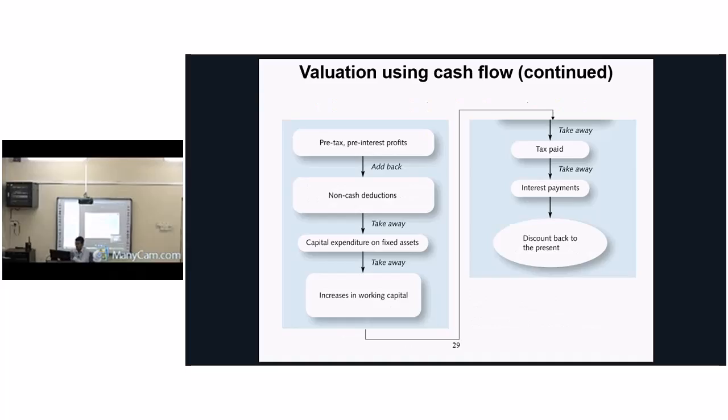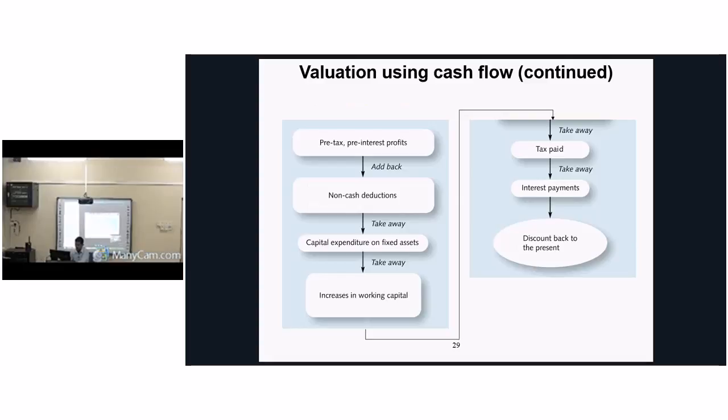So here we discussed this in the last session again. From the accounting profit, we convert the accounting profit into cash flows, and then you use the cash flows to calculate the present value of the firm. So these are some of the adjustments we did.